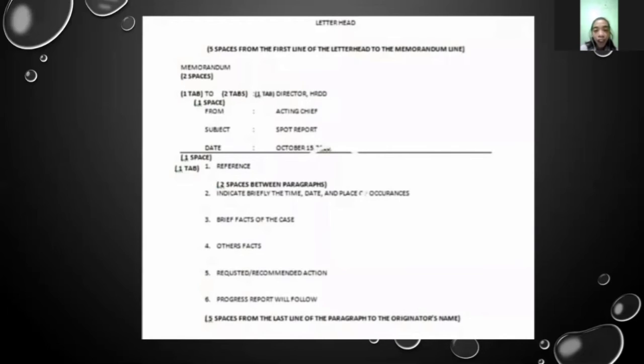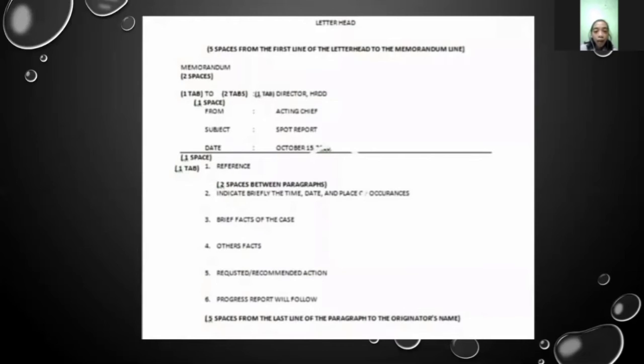Yung attention, kung saan mo ibibigay yung letter. Yung from, acting chief, kung sino yung gumawa, yung subject, kung spot report ba yung gagawin mo, or progress, date, kung kailan mo ginawa yung memorandum letter.